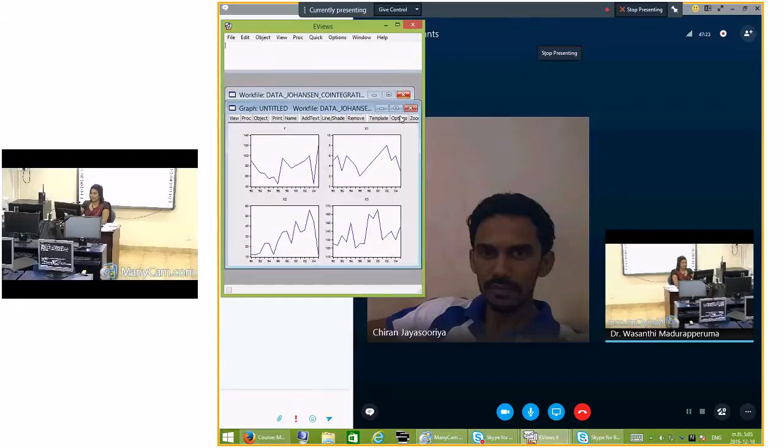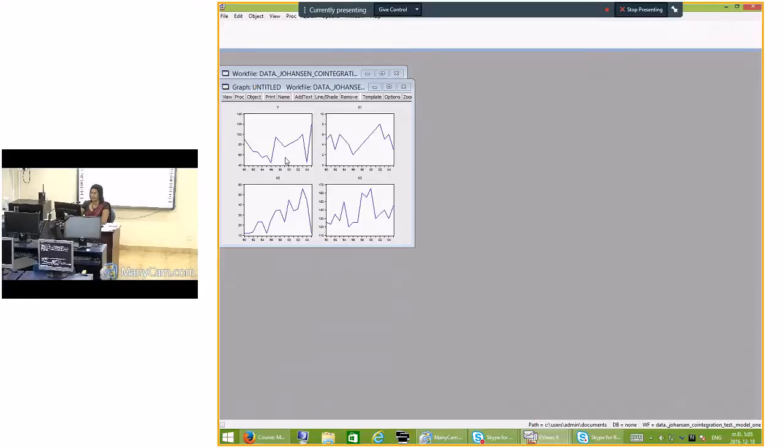Now you can see the graph, right? You can see these data are non-stationary. You can see the trends. You can see some deviations here, a downturn, then upward again, then a downturn. Those are the shocks, right?